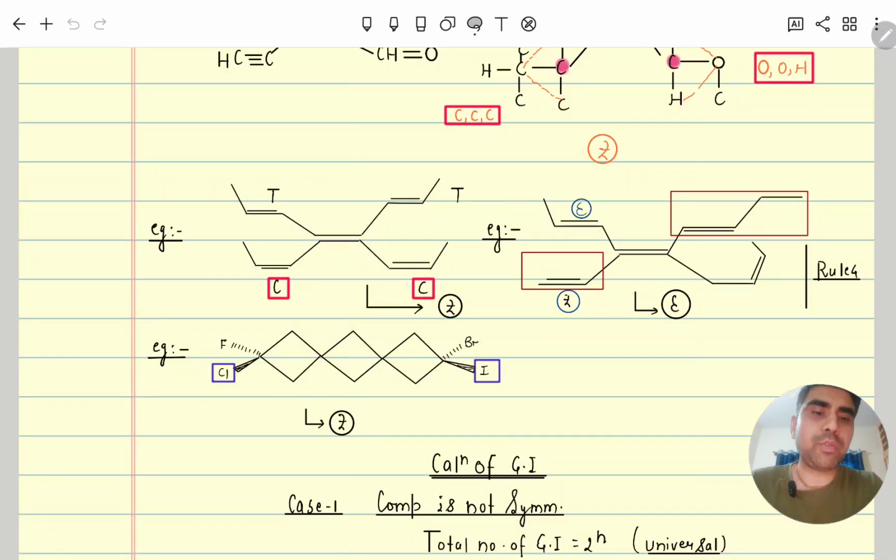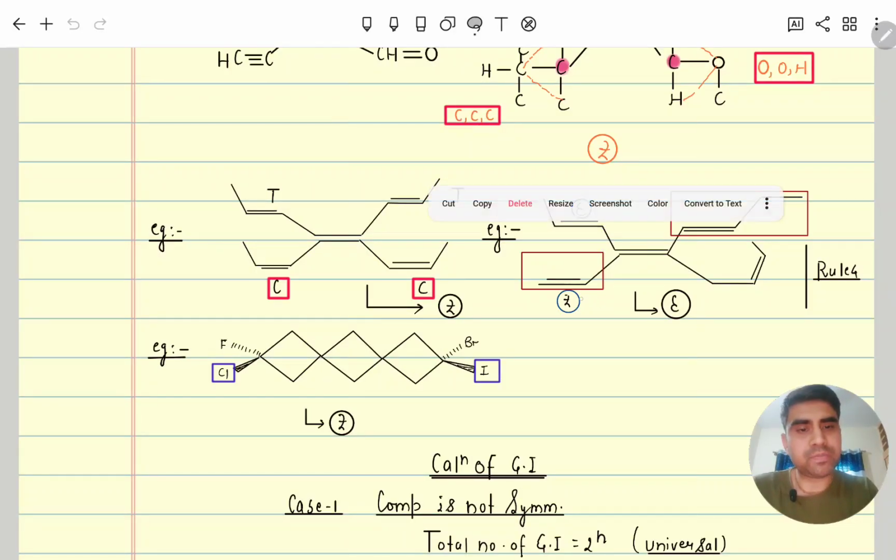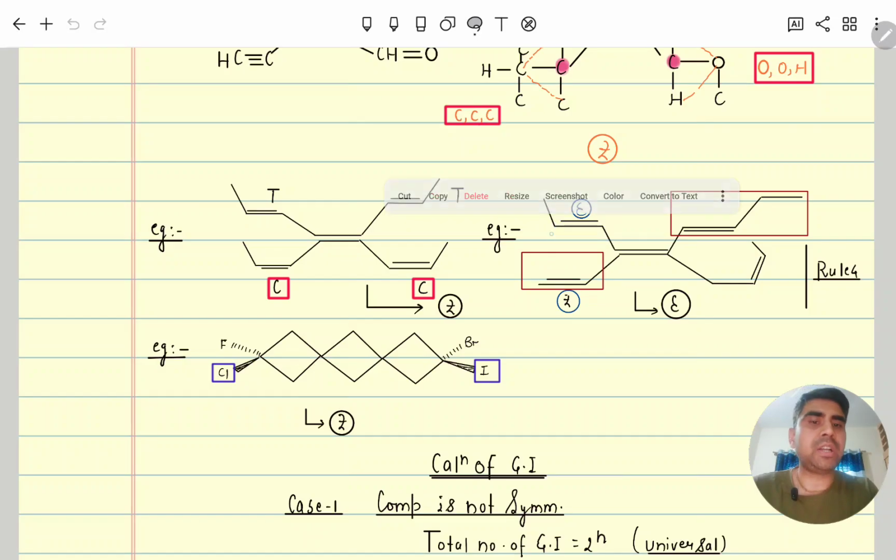Now again, always we have to apply the rules in sequence. So here the carbon atom is the same, and here there is a double bond, so again we will create dummy atoms. So here one carbon, here also one carbon, here also carbon and hydrogen, here also carbon and hydrogen.